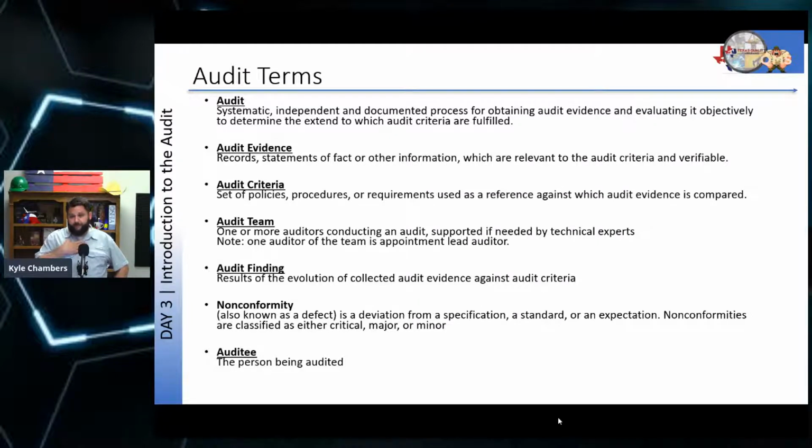We accept internally for our lead auditors at Texas Quality Assurance either an IRCA lead QMS auditor or a Global Exemplar QMS lead auditor. Now, what this means is that you have so many days of audit experience that can be verified if necessary, and you have taken a certified course, and you have passed a proctored exam.